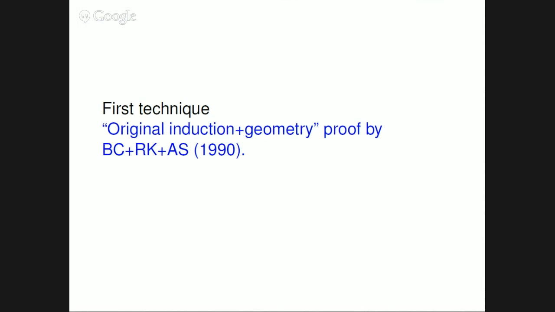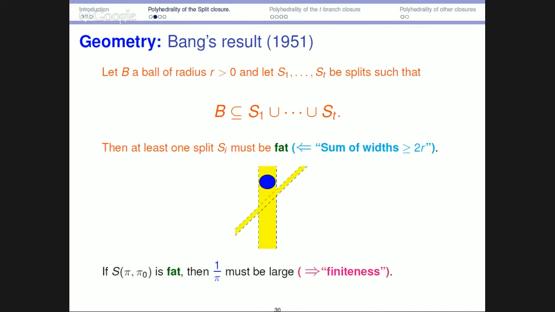So let's study the first proof technique, the original one, that I call the geometric and by induction proof technique. To understand it, we need a geometric result, and it's as follows. If you have a ball of a fixed radius, and this ball is covered by a union of splits, as in the picture, this implies that at least one of the splits must be fat enough to cover the ball.